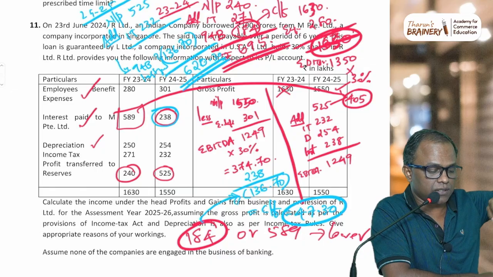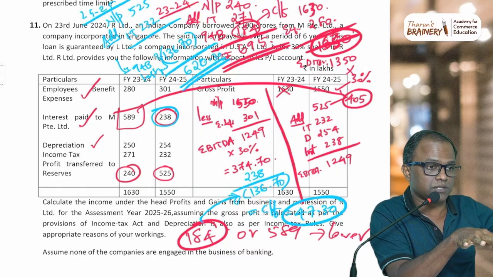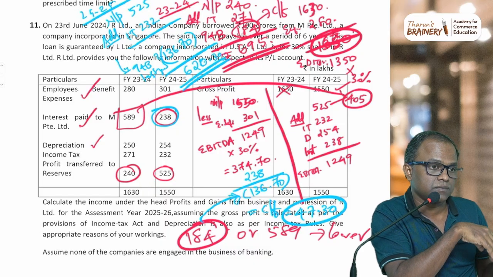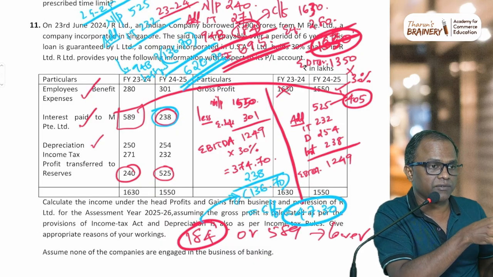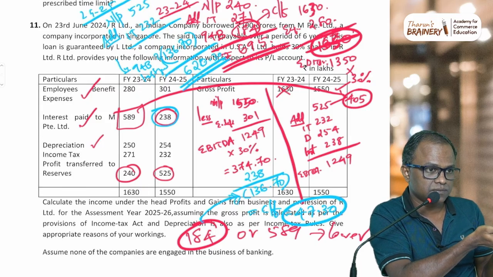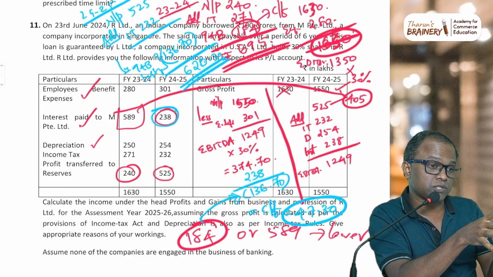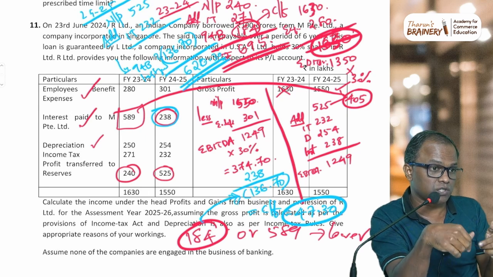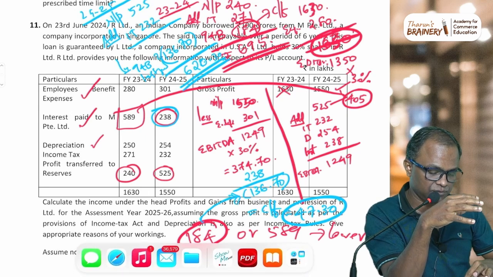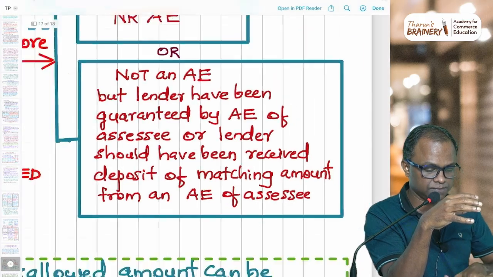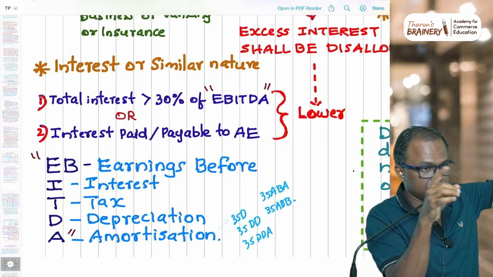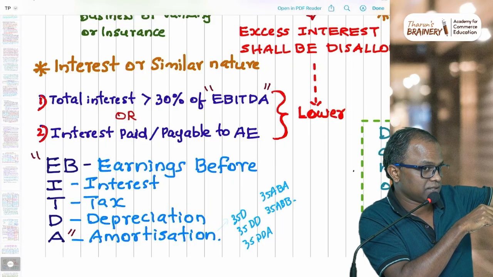In a particular situation, if there is only interest to non-AE and no interest to AE, this section is not at all applicable. No need to check this. But if AE and non-AE both are there and we are paying interest to both, then for the purpose of excess interest calculation, in excess of 30% of EBITDA, we have to consider both. That is what the provision says. So total interest means AE interest plus non-AE interest.